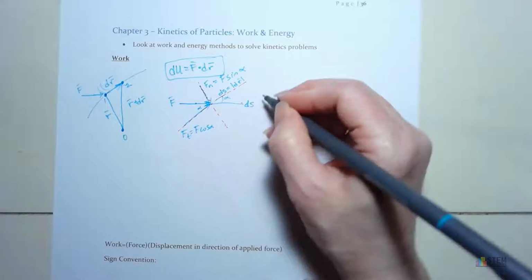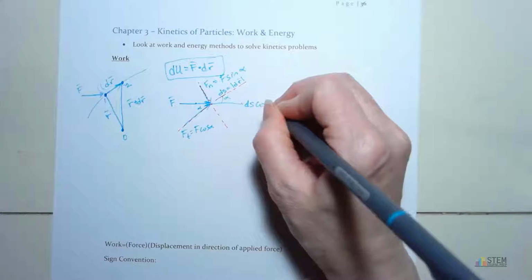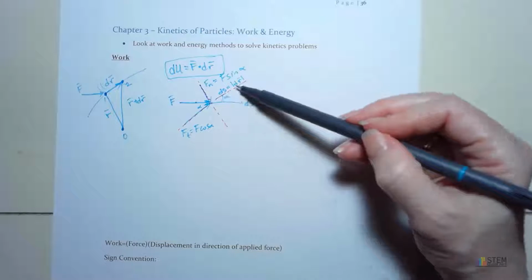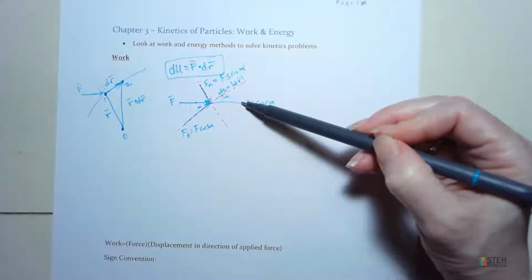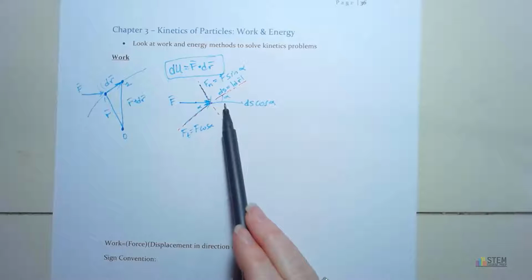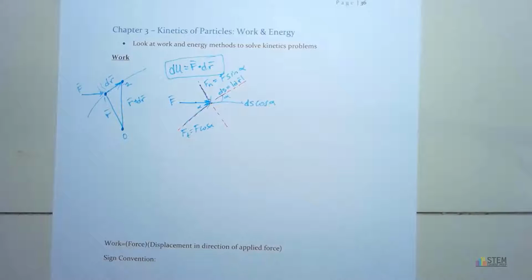So this would represent ds cosine alpha. All right, so all we did, we found this length, did the cosine to get this in the x direction. All right, now if you notice, F and this are along the same line, right? Those are along the same line.